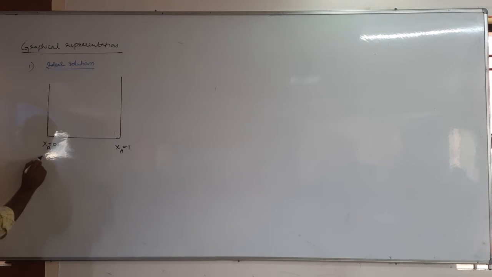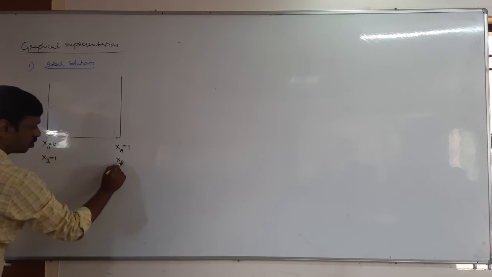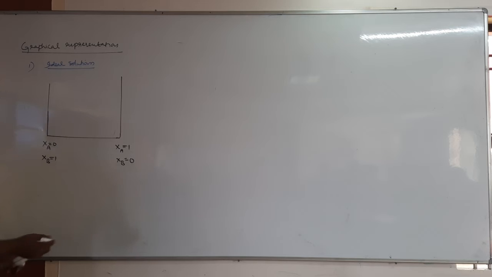If XA equal to 1, what is XB equal to here? 1. Here XB equal to 0. That is because the sum of the mole fractions of all the components equal to 1. Okay. Now here we know that PA is directly proportional to XA and PB is directly proportional to XB.